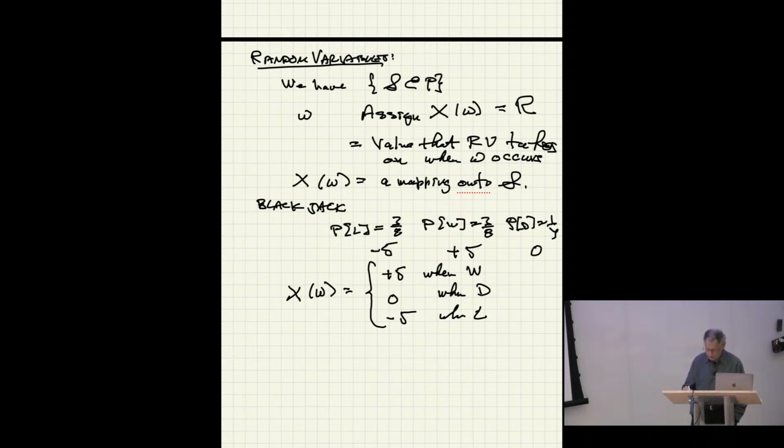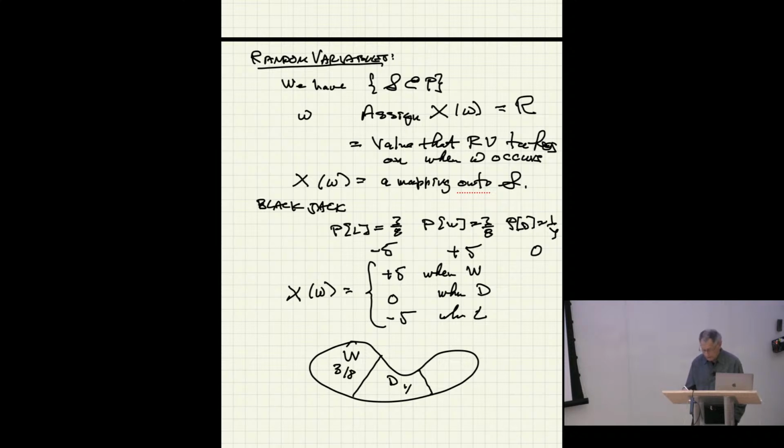In some sense, I can draw the sample space like this, if there's only these 3 possibilities. This is win. The random variable there is plus 5. Let me write down simply the probability in there, to make it easier. The probability here is 3/8.